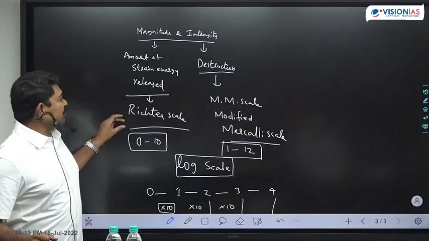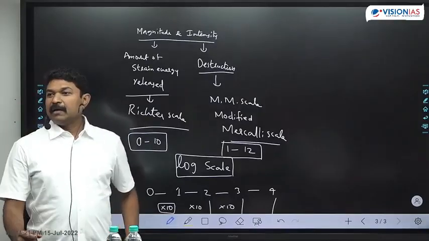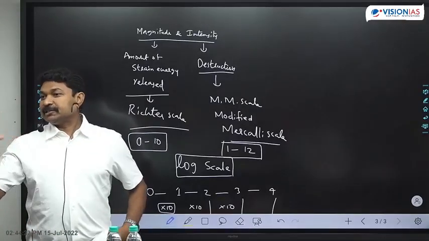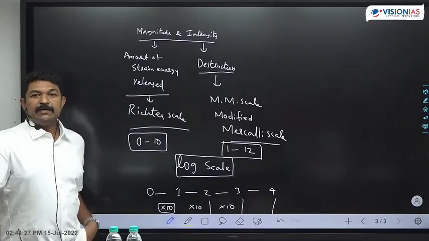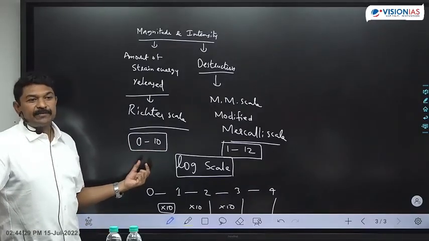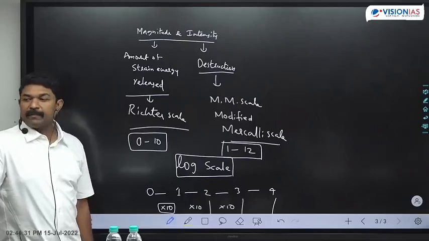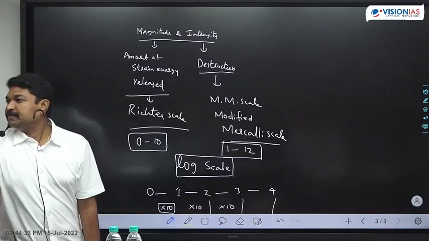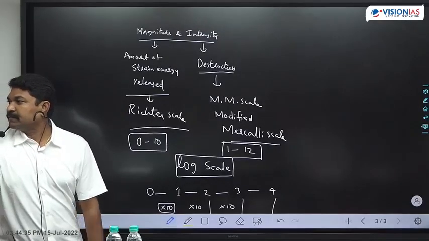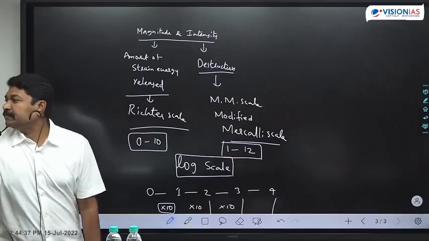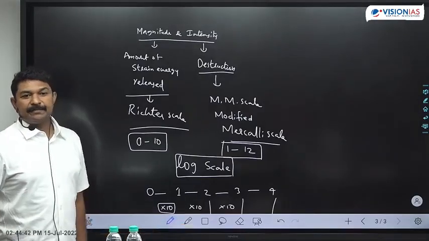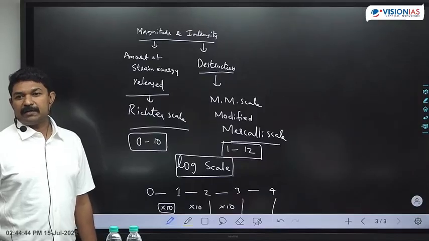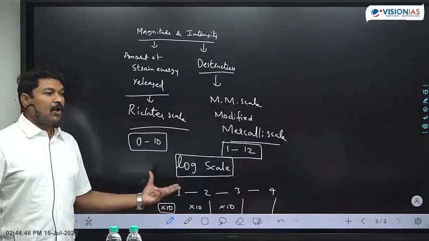It is measured with the Richter scale, having readings from 0 to 10. It is a log scale. Simply write as log scale.